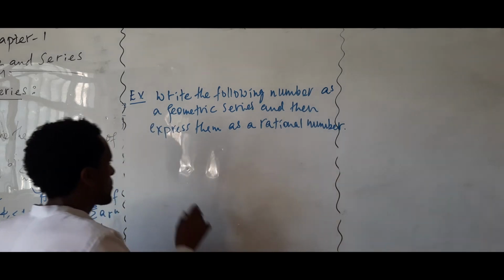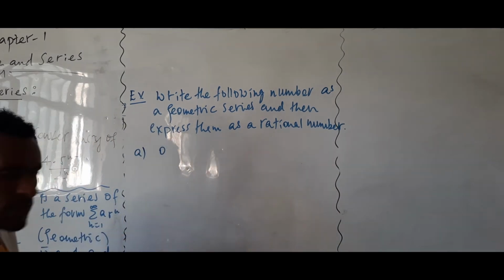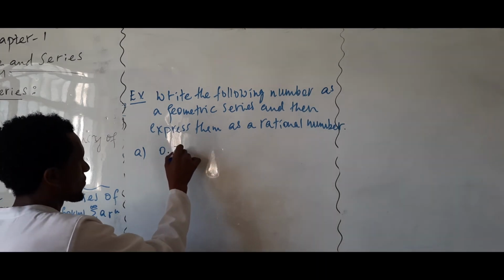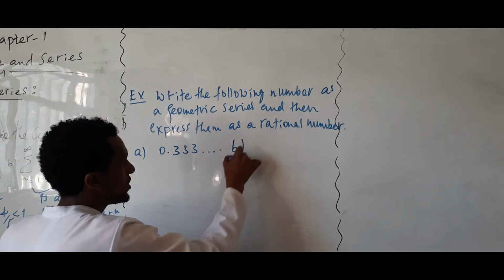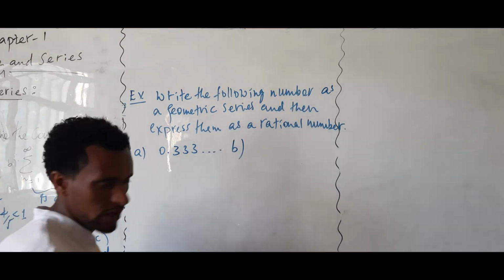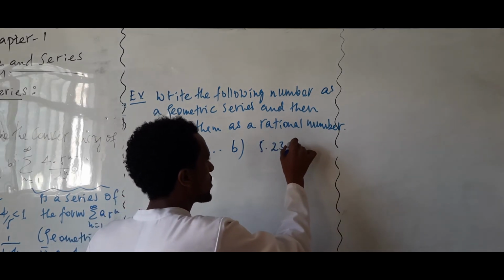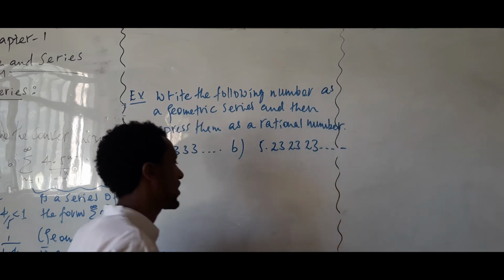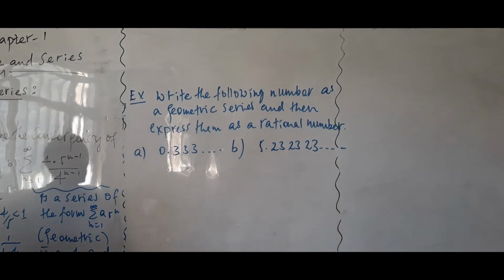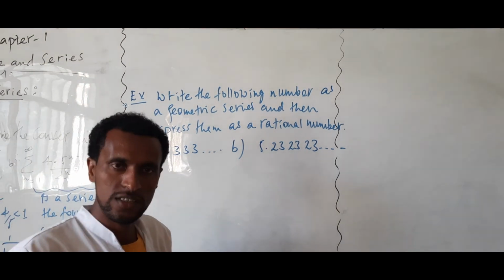A: 0.33 repeating. B: 5.23 repeating, and continue. Now let us see this series.